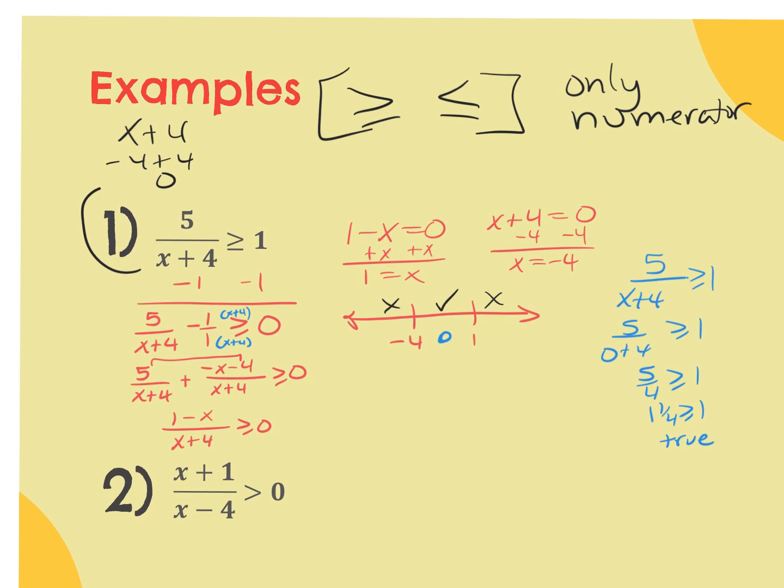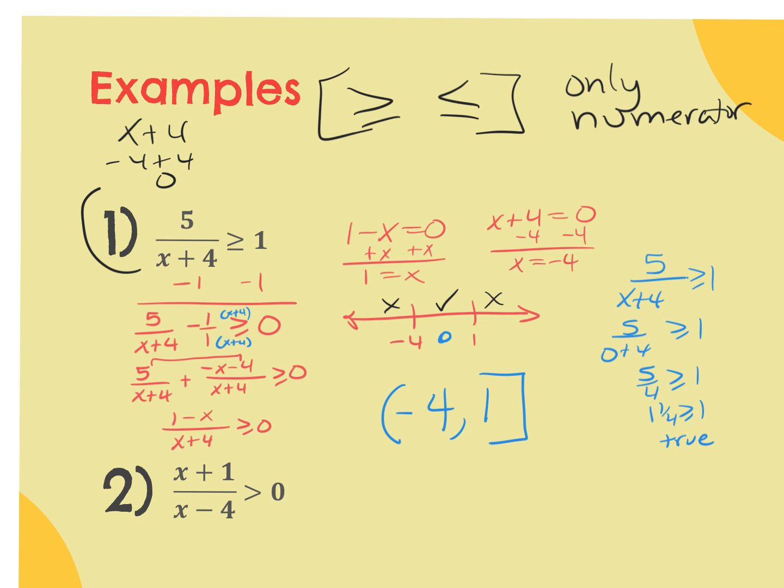So when I go to write my interval notation, it's going to be a parenthesis around -4, but a bracket around the numerator answer. So just remember, whatever comes from the denominator always is going to get a parenthesis.